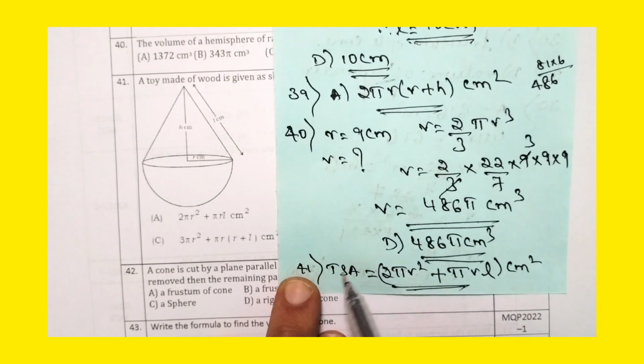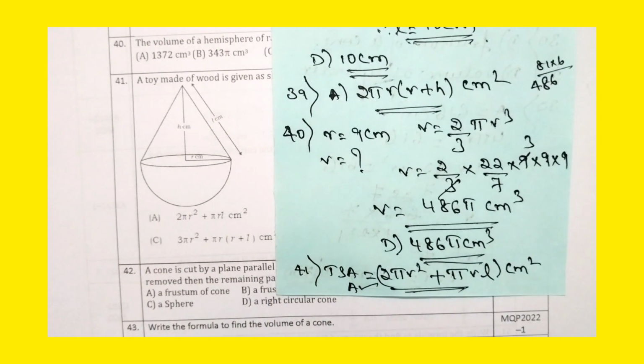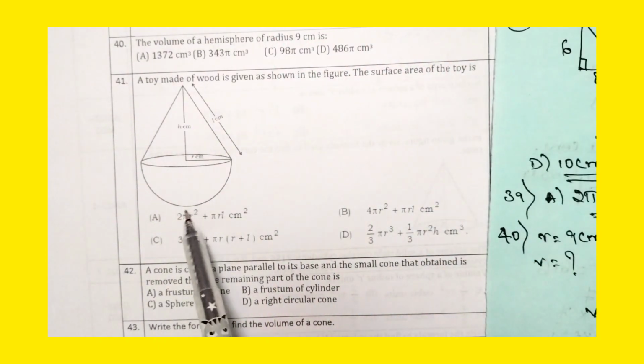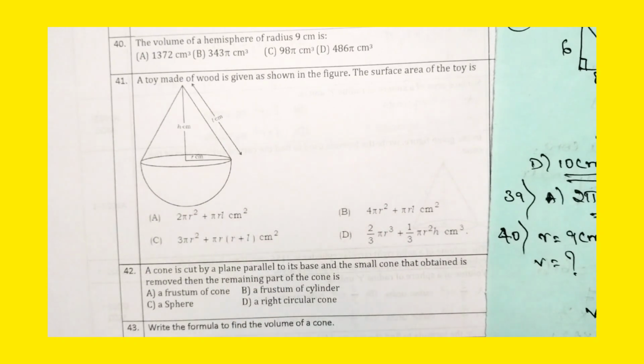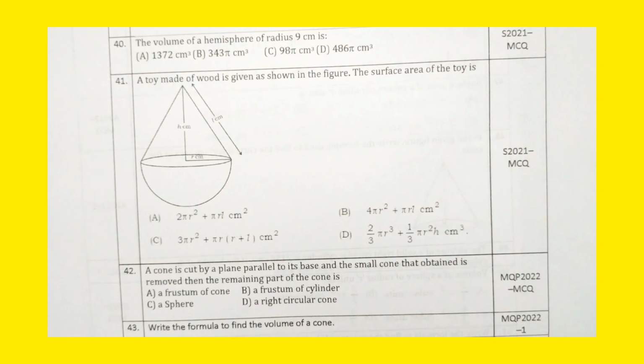See, it is there: option A. So for the 41st question option A is the right answer, 2 pi r square plus pi r l centimeter square. So that is the answer for the 41st question.